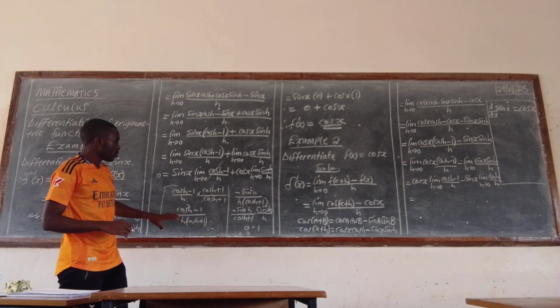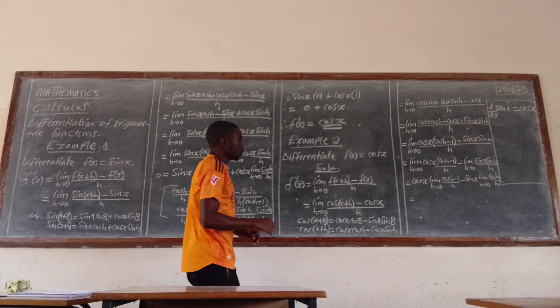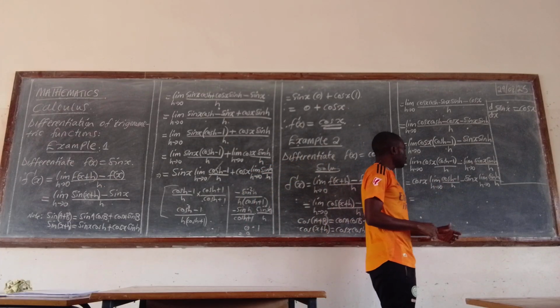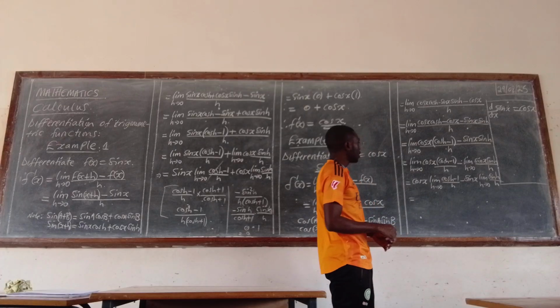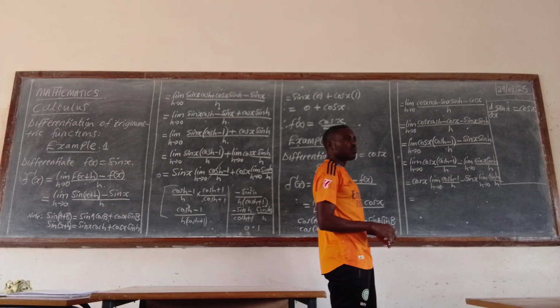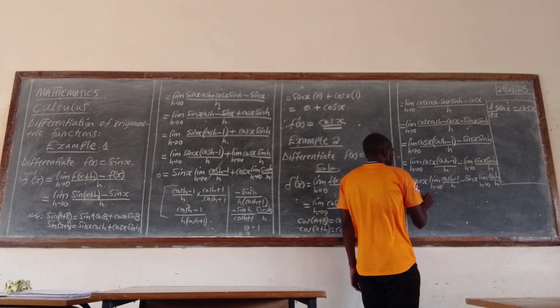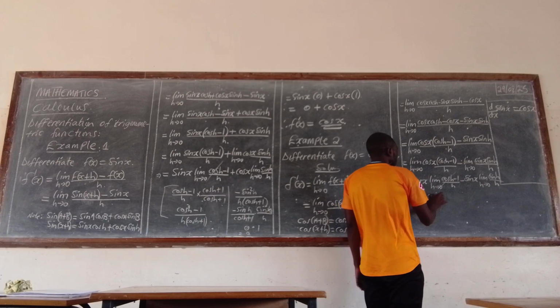I'm sure you can remember, where we got this one as 0. So the limit of cos h minus 1 divided by h gives us a 0. So this one is going to give us a 0.